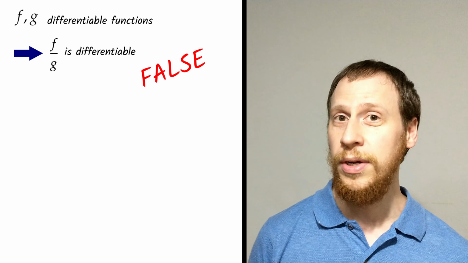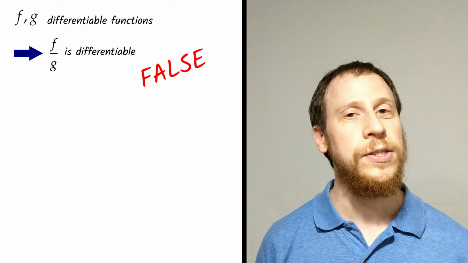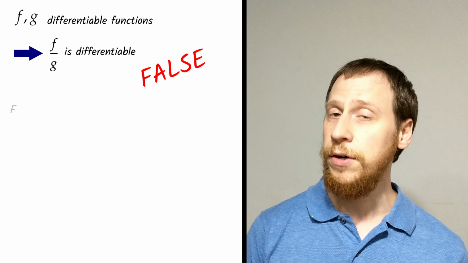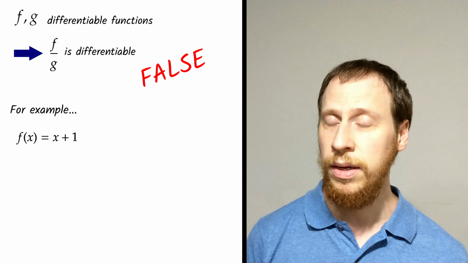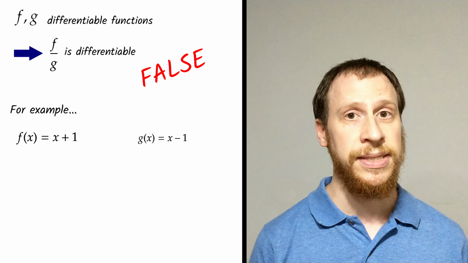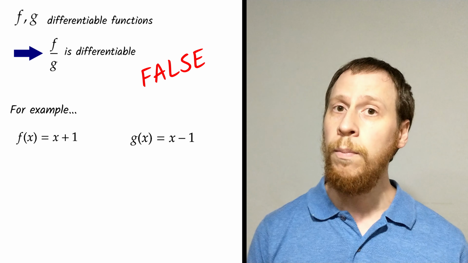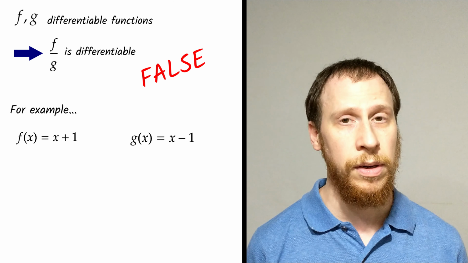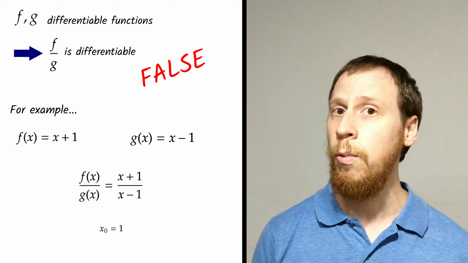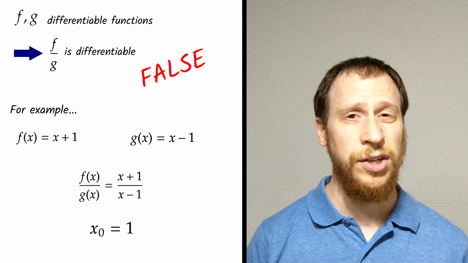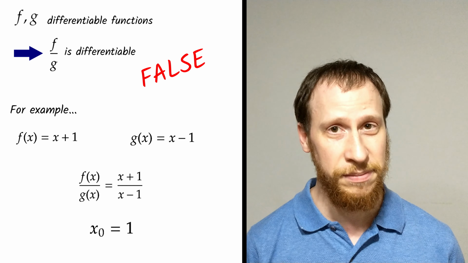This would have been true if we had asked g not to be null. But, for example, if we consider f to be the function x plus 1 and g to be the function x minus 1, then both functions are differentiable, but the quotient is not differentiable at the point 1. Actually, it's not even continuous at that point.